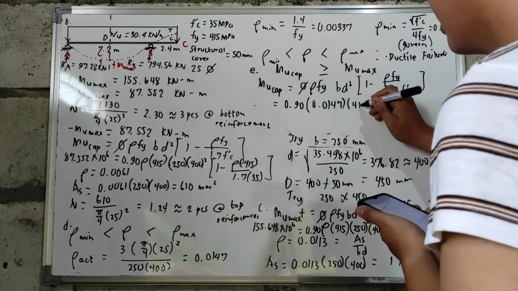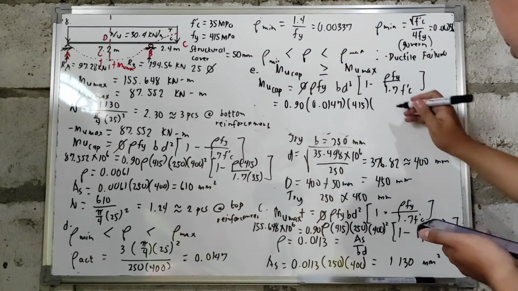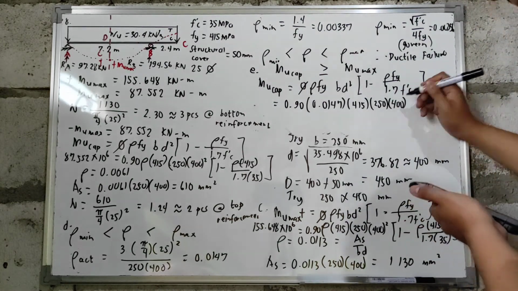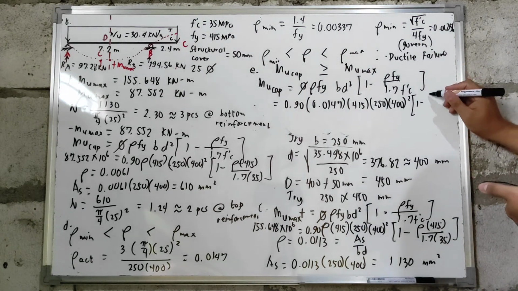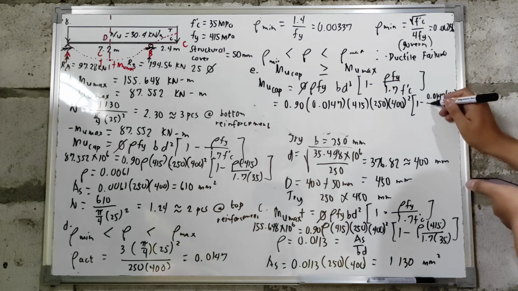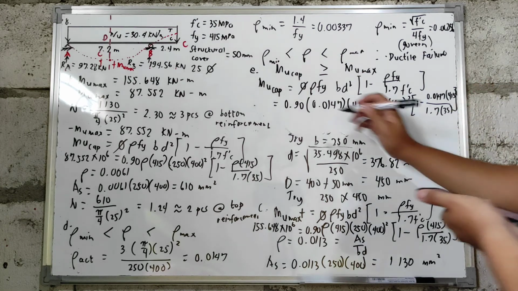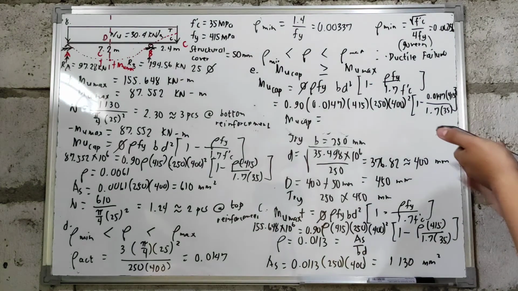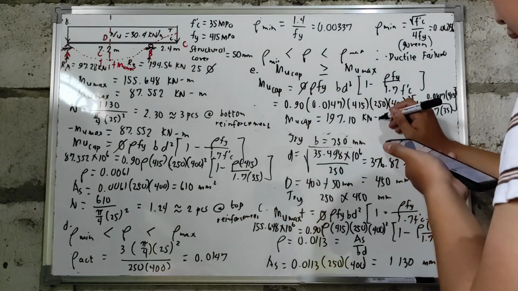Yung Fy natin na 415. Yung b natin, which is equal to 250 mm. Yung d natin, that is 400 squared, over 1 minus yung rho natin na 0.0147 multiplied by 415 over 1.7 of f'c na 35 megapascal. So you have a value of your Mu capacity which is equal to 197.10 kilonewton meter.